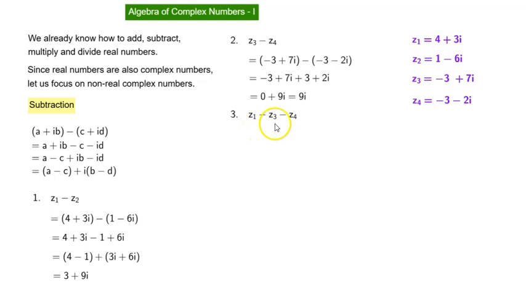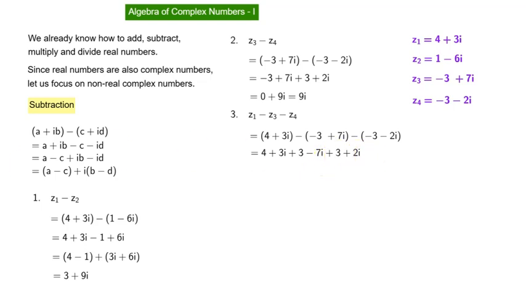Now let's do Z1 minus Z3 minus Z4. 4 plus 3i minus minus 3 plus 7i minus minus 3 minus 2i. So 4 plus 3i plus 3 minus 7i plus 3 plus 2i.